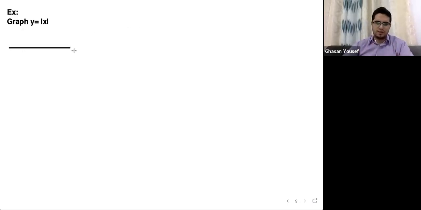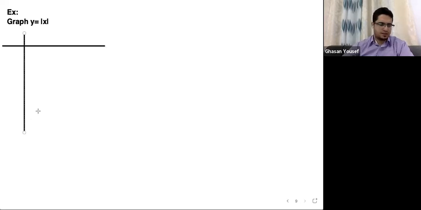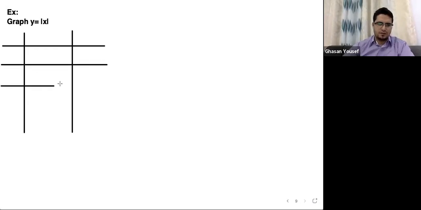The same thing, we have to use random points, then plot these points in the Cartesian plane. So we're going to use around 5 points. 1, 2, 3.